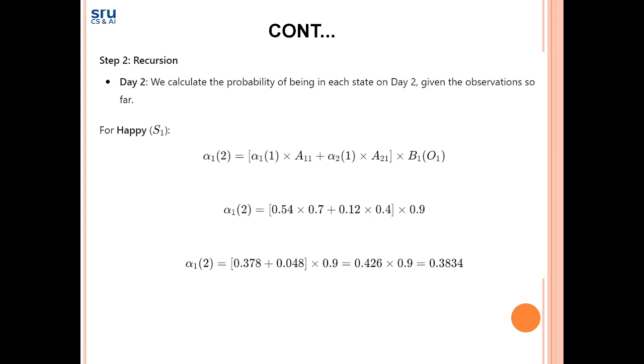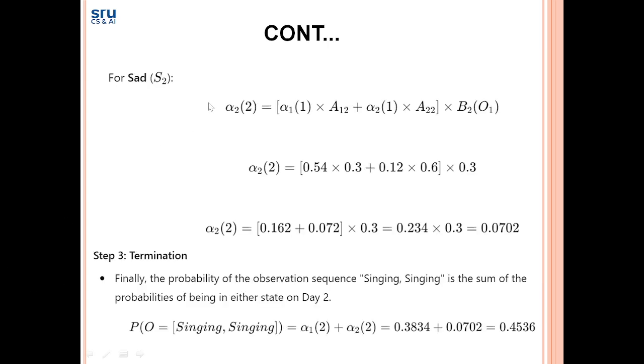Recursion: we calculate the probability of being in each state on day 2 given the observations so far. For happy, S1. For sad, it is given by S2, alpha 2 of S2 is equal to 0.07. Step three, termination.